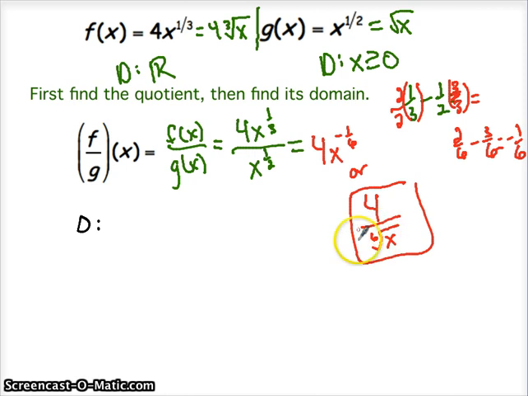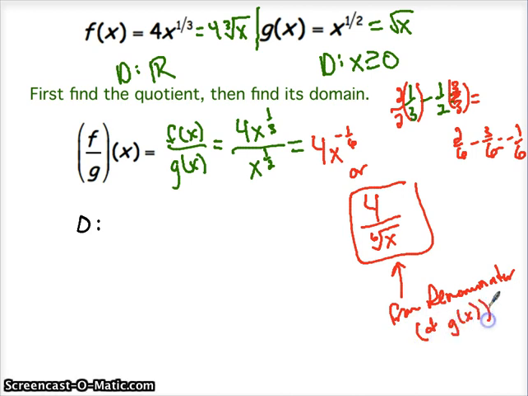Now the domain of that function has a couple of issues. First of all, we know that from g of x we have to be greater than or equal to 0. Well, that's still the case anyway because the 6th root of x also told us, from the denominator and g of x for that matter, x needs to be greater than or equal to 0.